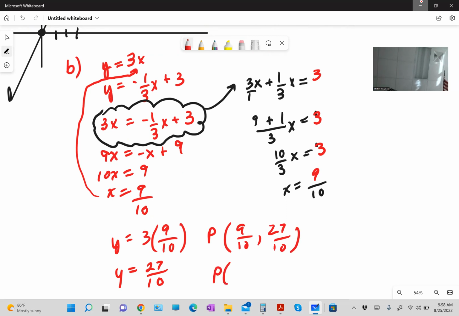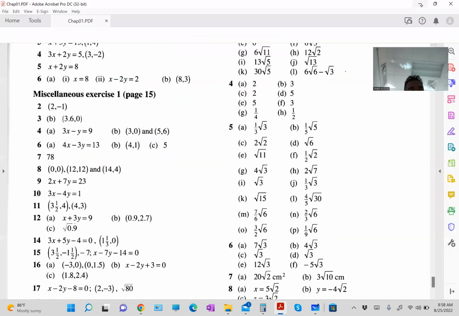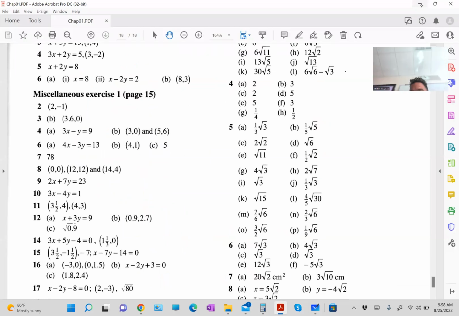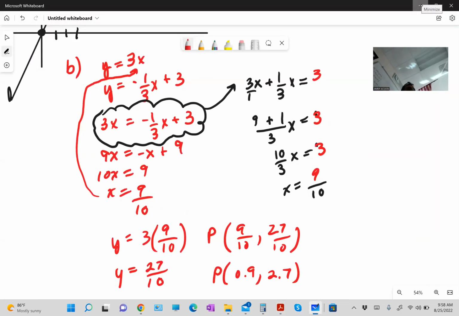So the coordinate is going to be (0.9, 2.7). Agreed or disagree? You're not seeing that part because I had to scroll up. Agreed? Yes, why not? Fractions work. Only if you're careful.